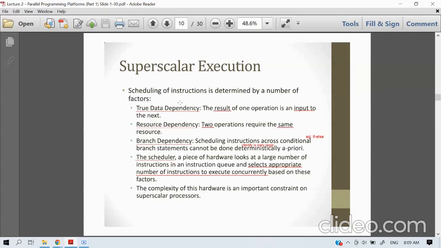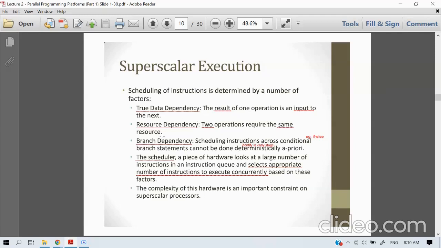Let's say stage number 2, when it wants to execute its operation, needs the data from operation number 1, or stage number 1. So it is called data dependency.